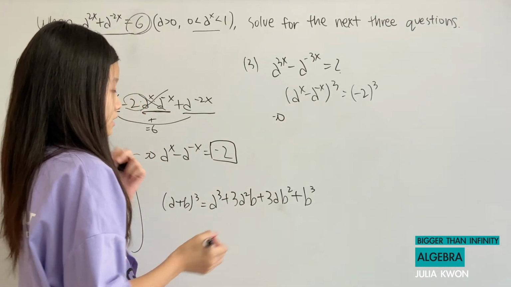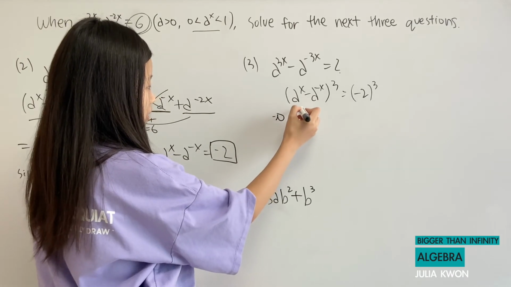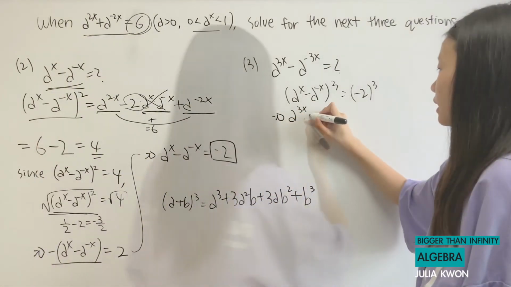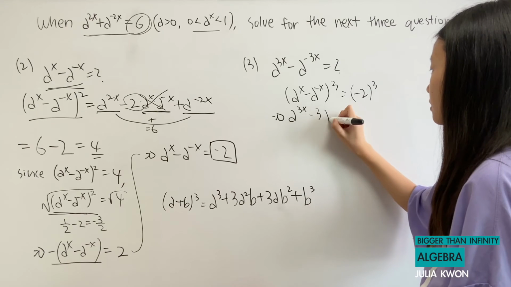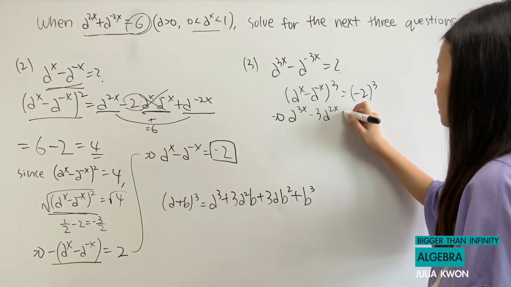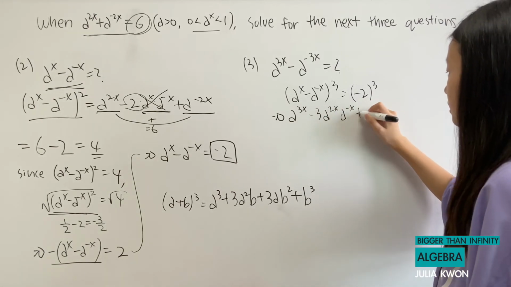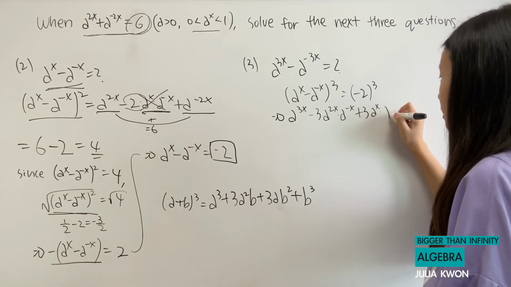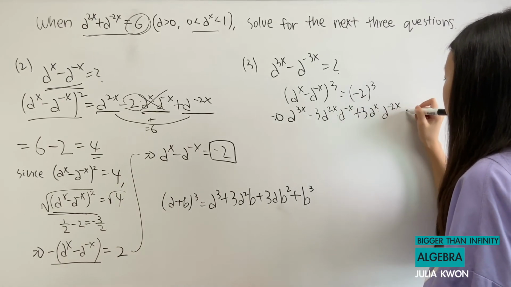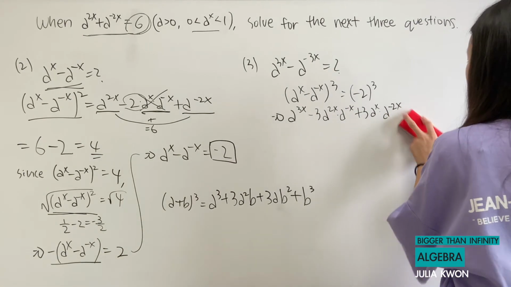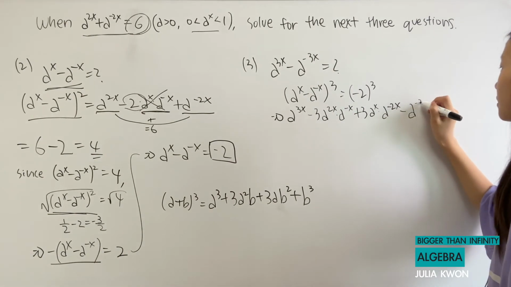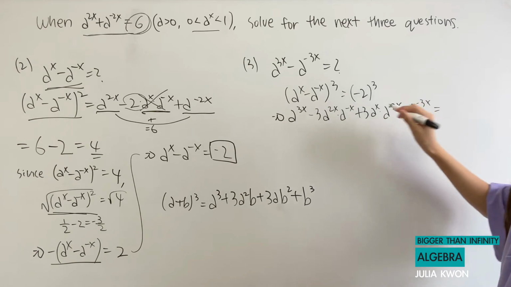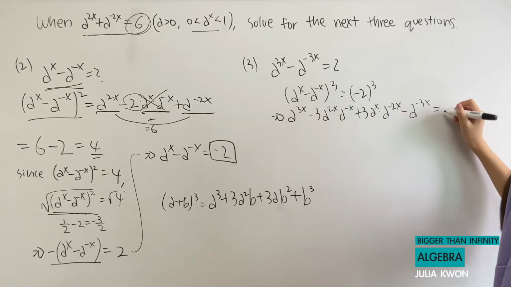That will give us a to the power of 3x minus 3 times a to the power of 2x times a to the power of -x plus 3 times a to the power of x times a to the power of -2x minus a to the power of -3x, which is equal to -2 to the power of 3, which is -8.